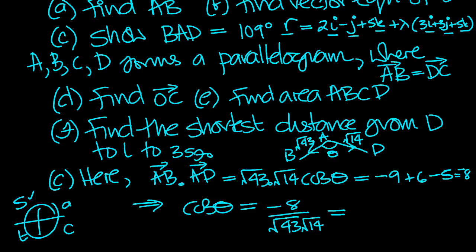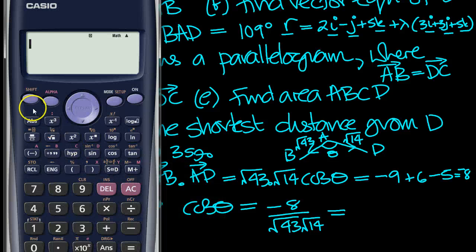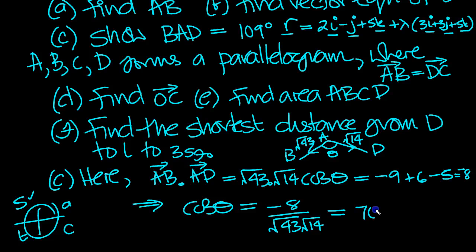So if we do shift cos of the acute angle, shift cos of 8 divided by the bracket square root 43 times the square root of 14, close the bracket, equals, we get 70.1 degrees. But as we said, that's the associated acute angle here. So it's 180 minus 70.1, which is 109.